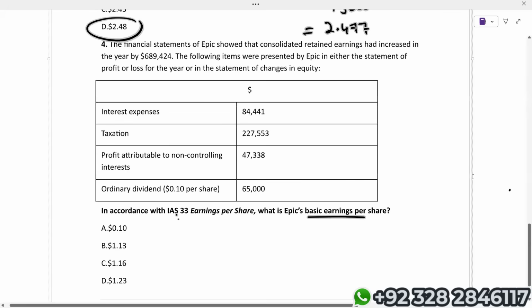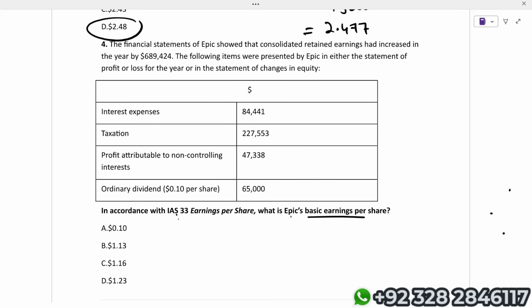Let's try together. Question number 4. In accordance with IAS 33, we just need to calculate basic EPS of Apex.